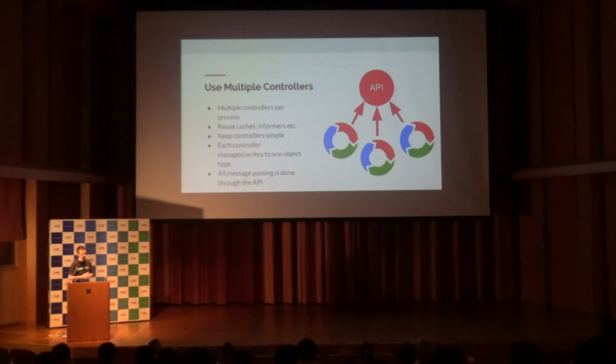The reason that you see this is that if you have a single control loop, it can get bogged down doing some sort of work and then be delayed in its overall processing. You don't want it to have to wait for one particular thing to happen before you do some other unrelated logic. So you can keep unrelated things in separate controllers.